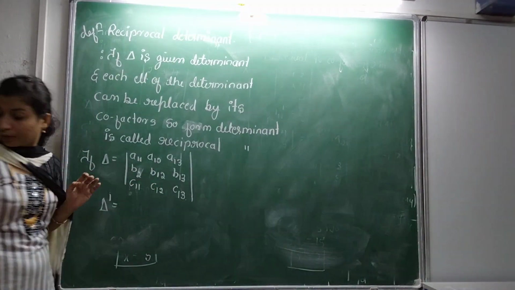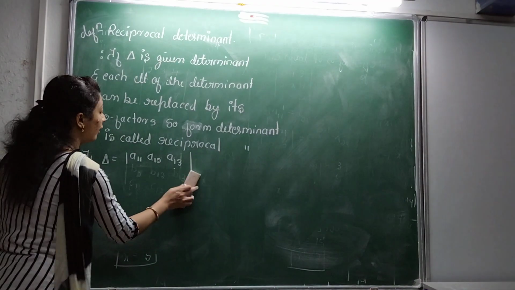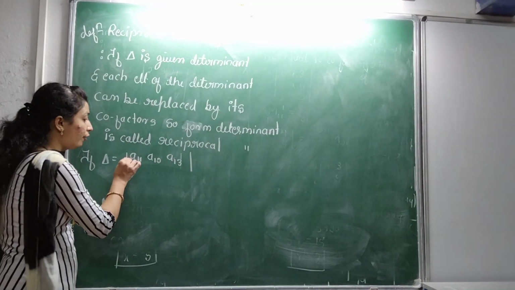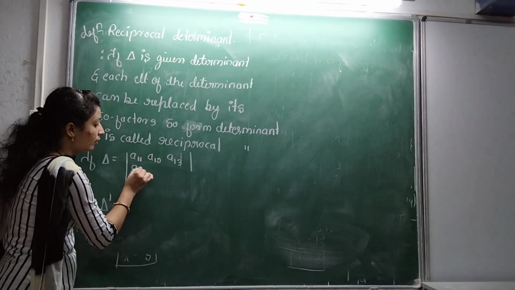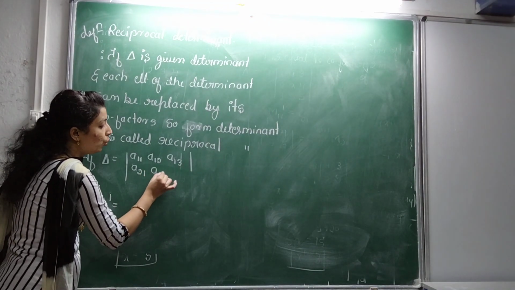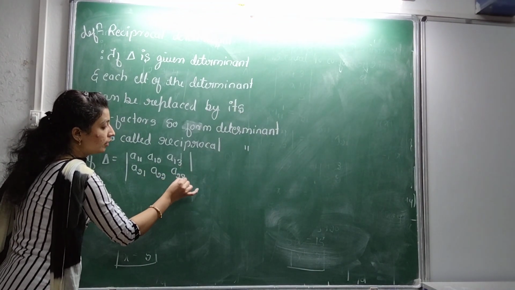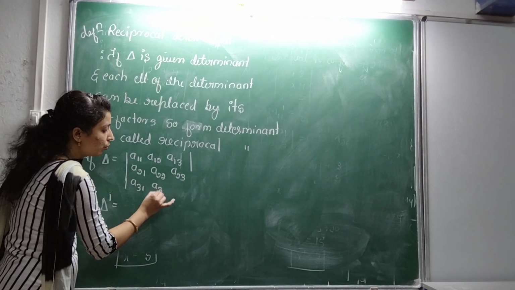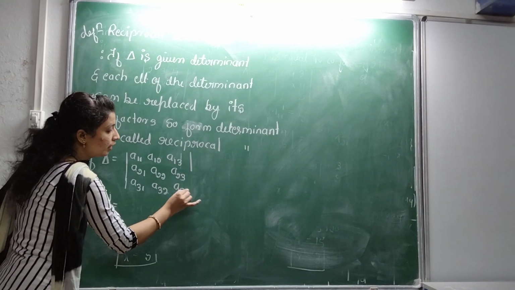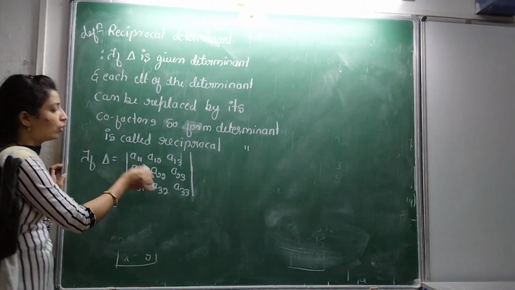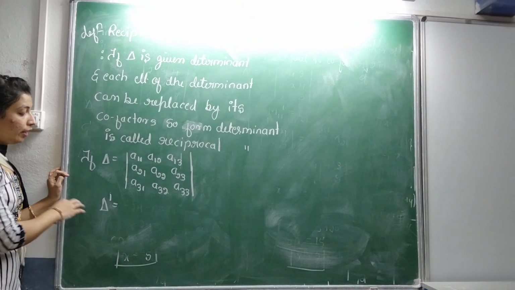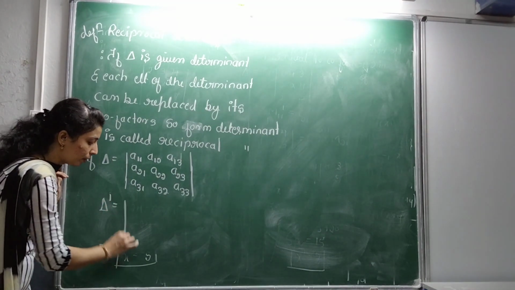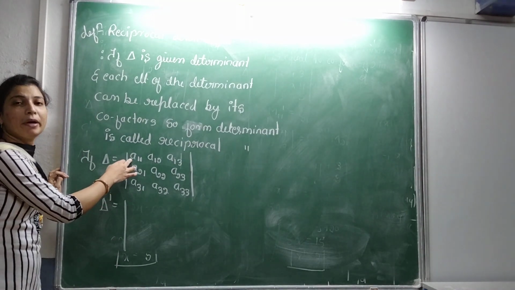Since it is the reciprocal determinant, delta dash can be obtained by replacing each element by its cofactor.